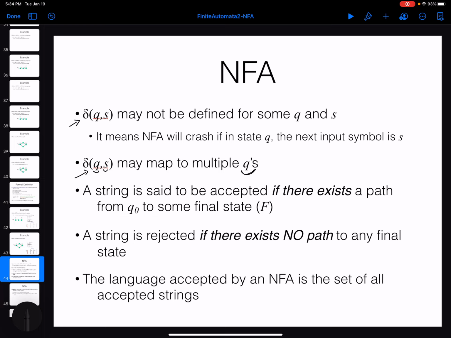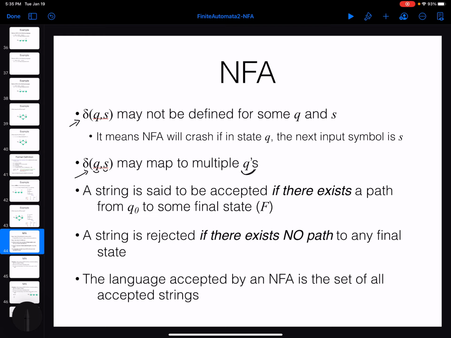You are going to reject a string if you cannot find any path starting from the starting state to one of the accepting states. And the language accepted by an NFA is the set of all strings accepted by that NFA. This is again similar to what we have for the DFAs.